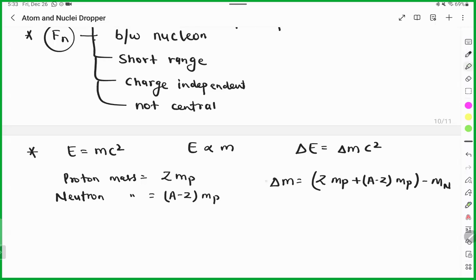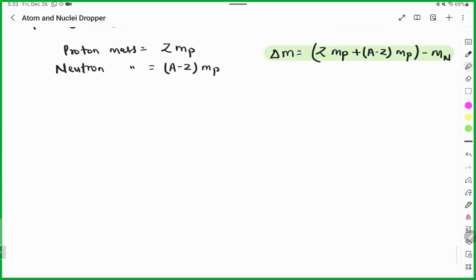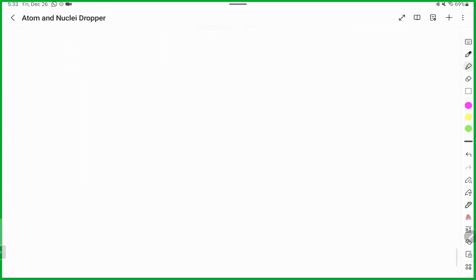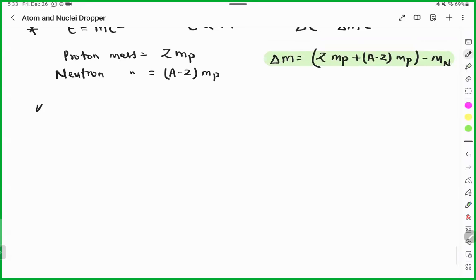And it is different. There is some mass defect. And in this case of mass defect, you will see you always need energy to break the nucleus. For this, we have a specific term, binding energy. Binding energy tells us that we have to break the bond between the two nucleons.